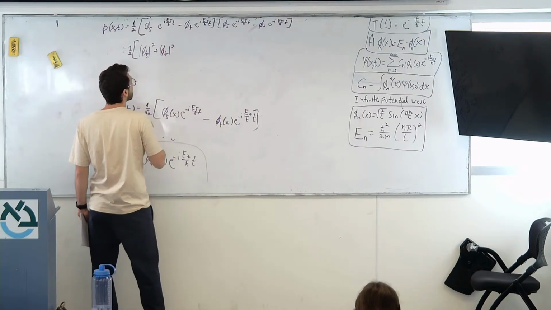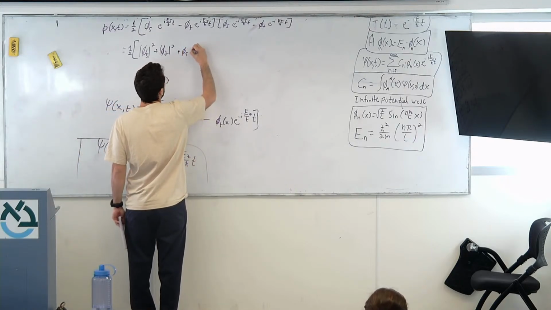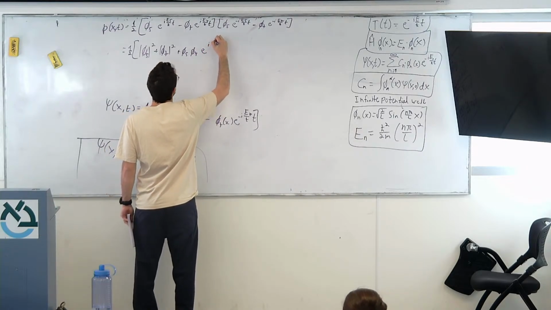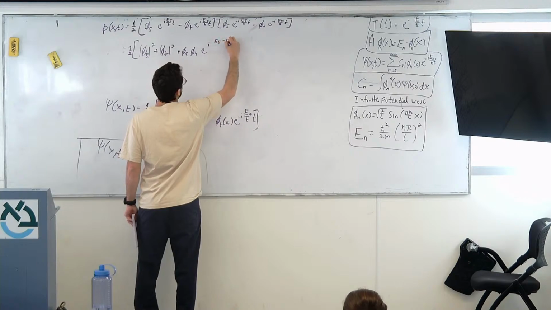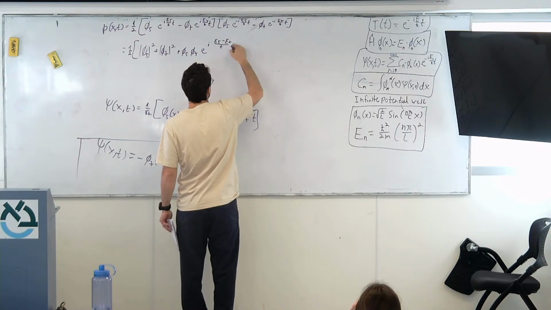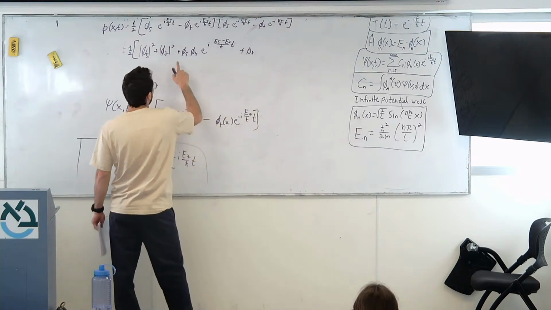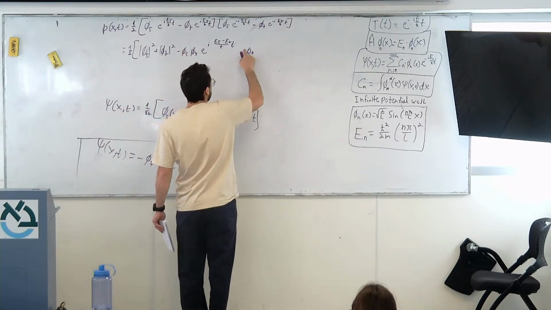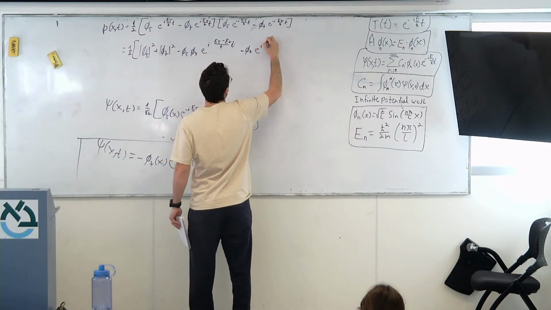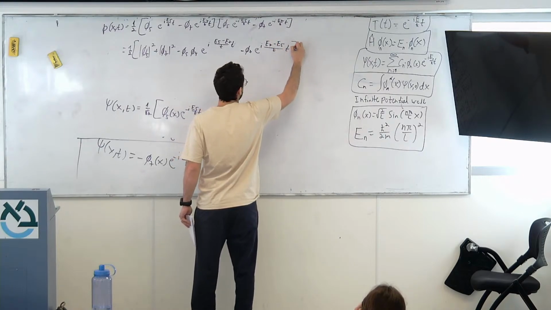But if we consider the intermediate terms, we get plus phi 5 phi 7 e to the i (E5 minus E7) over h bar t plus, and here we actually have minus, and also here we have minus, phi 7 phi 5 e to the i (E7 minus E5) over h bar t.